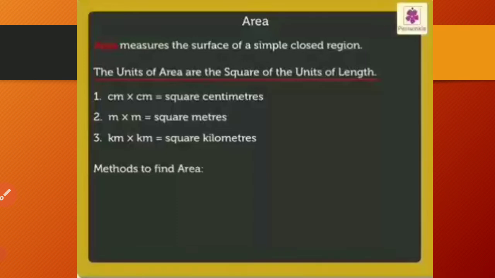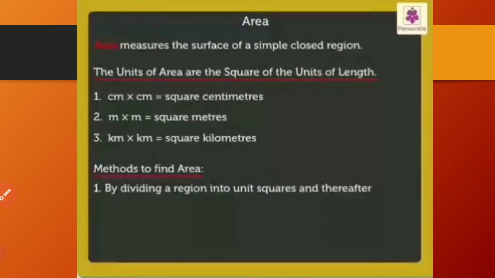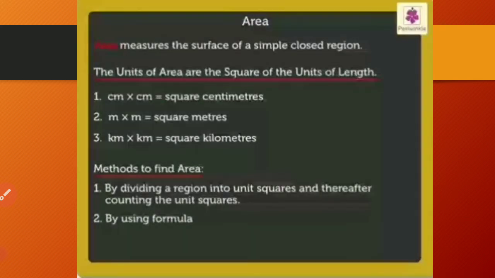There are two methods to find the area. One is by dividing a region into unit squares and thereafter counting the unit squares, and the other is by using formula. Let's learn about each of these in a bit detail.